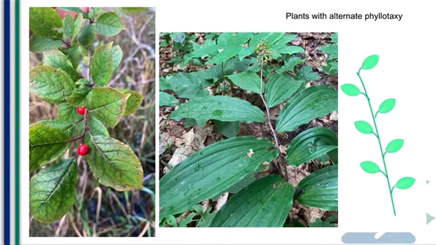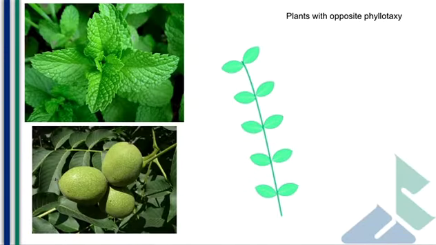Now, if we look at our other type of phyllotaxy, opposite phyllotaxy, we see leaves going off on each side of the stem simultaneously. Like in this mint plant here, we see them going off one side, and then it switches the side, so it'll alternate which side it's going off of, giving the plant kind of a boxy appearance.